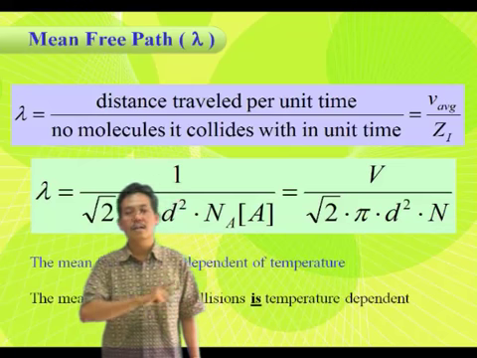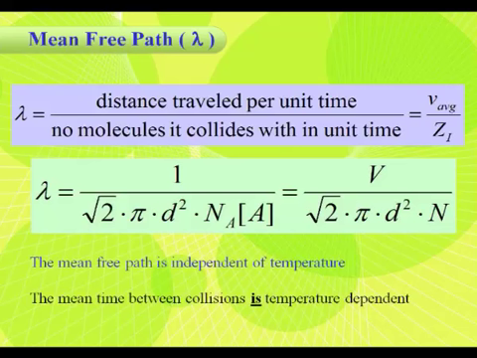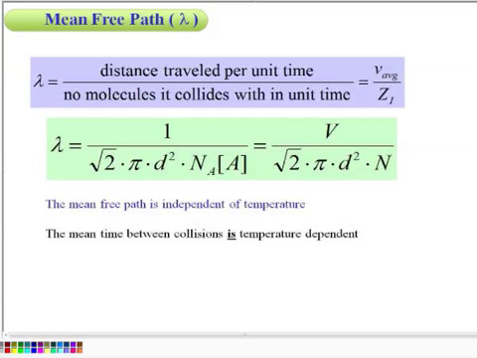Its value is given by the distance traveled per unit time divided by the number of collisions within unit time, meaning the average velocity divided by the collision frequency.